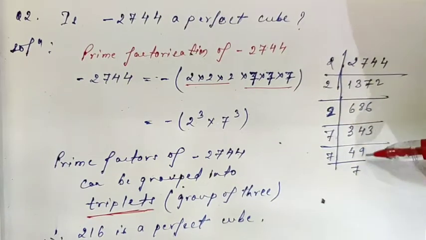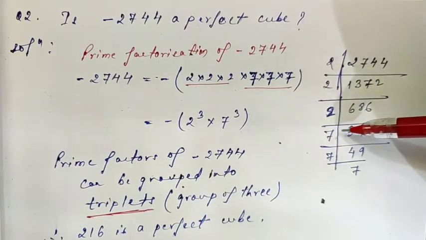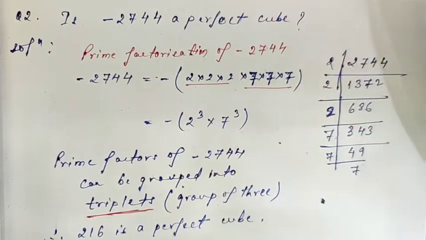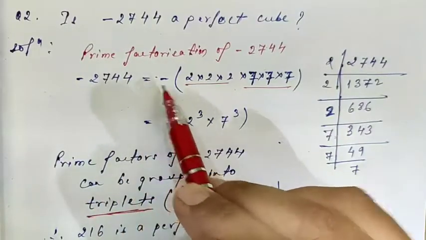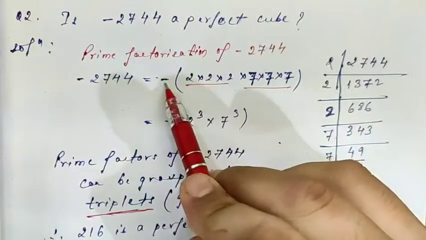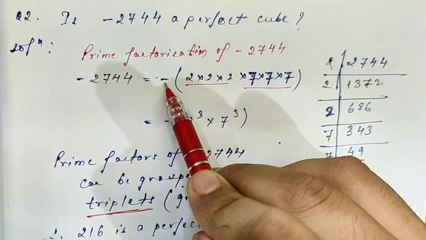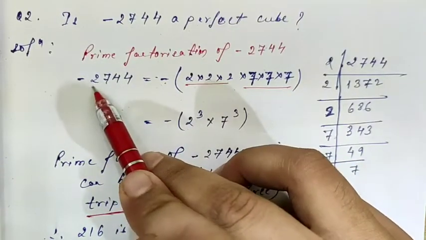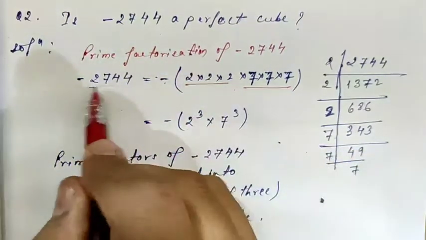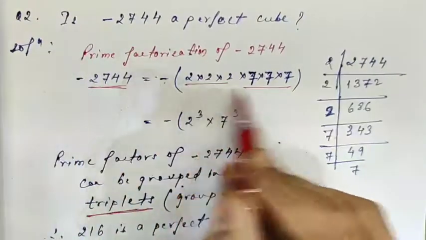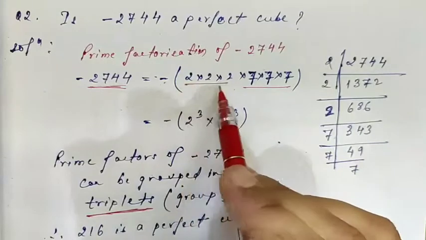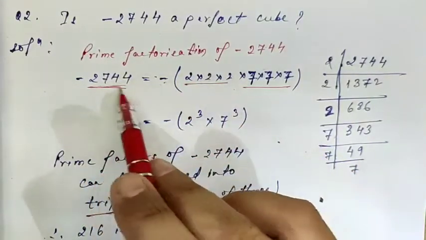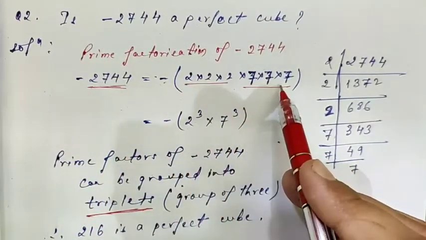If you have not watched it, watch it. It will be easy to divide a bigger number by 7. So the prime factorization of minus 2744: I have put the minus sign outside, inside a bracket, and the prime factorization of 2744 inside the bracket.